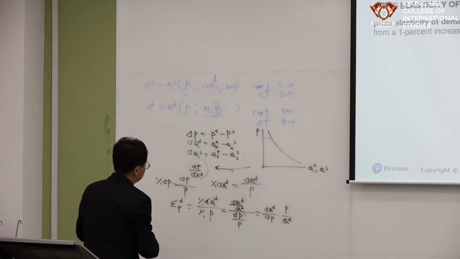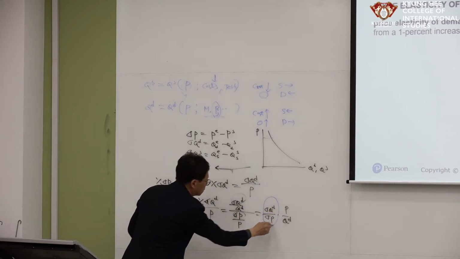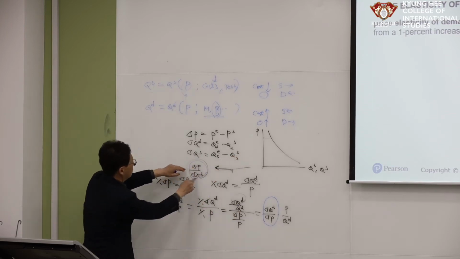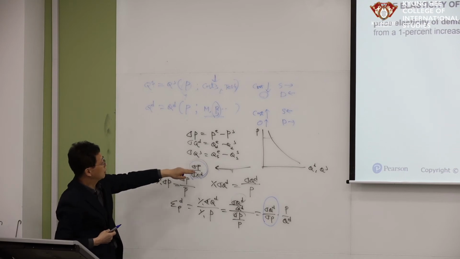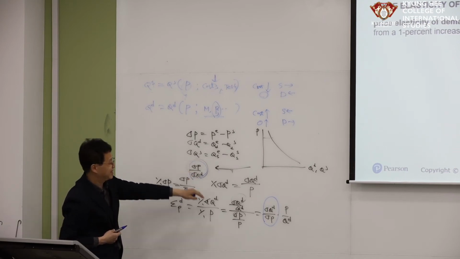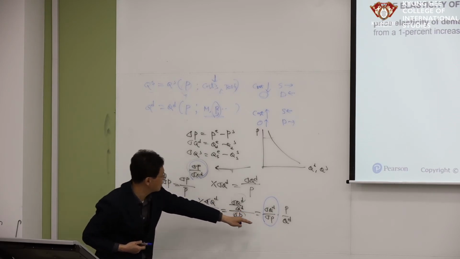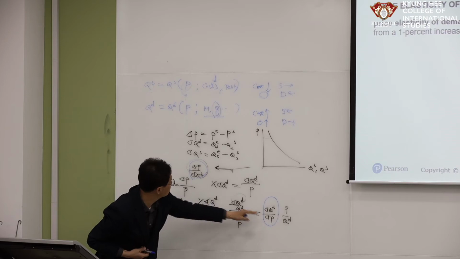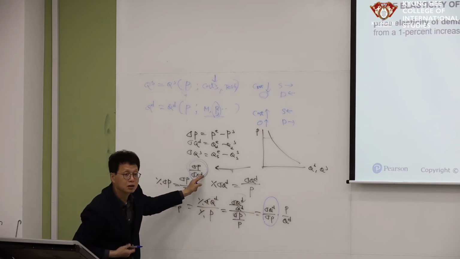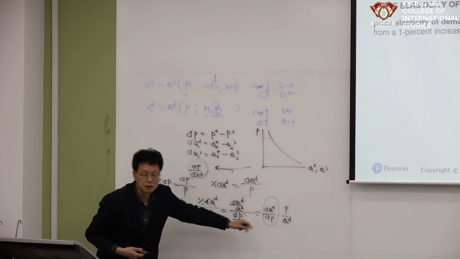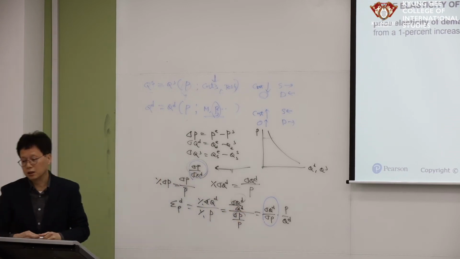Then compare with the figure where I explained that the slope of that curve is change in P over change in quantity demanded. But in elasticity terms, one component is the reciprocal value of this one. So we should be careful about that. Now we go back to our slide.